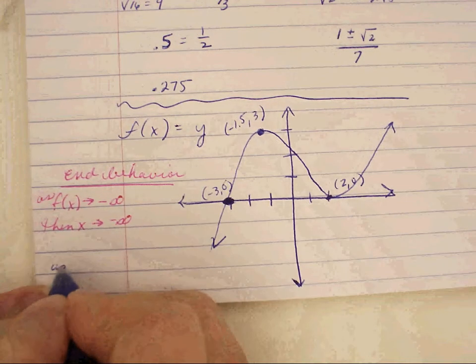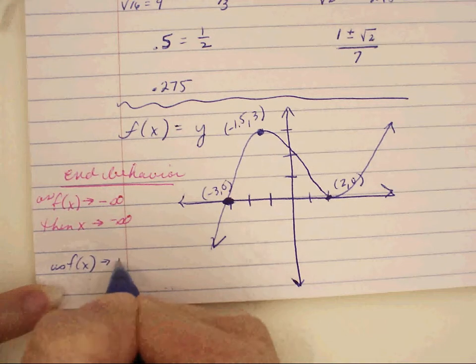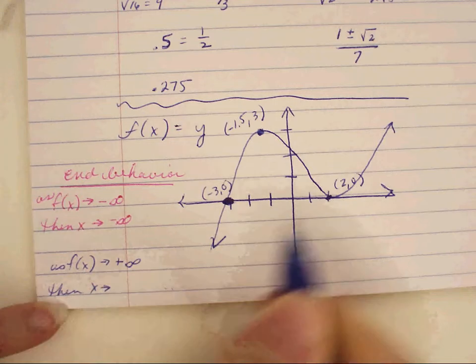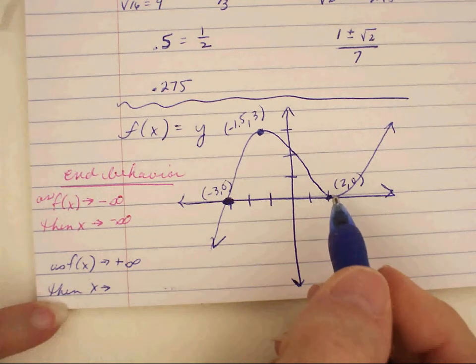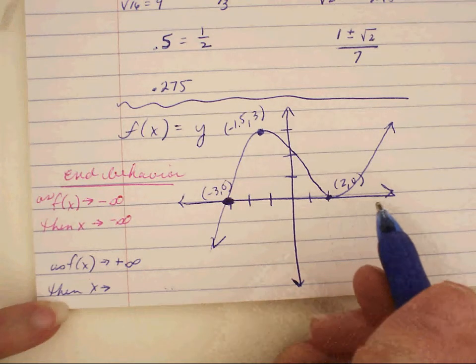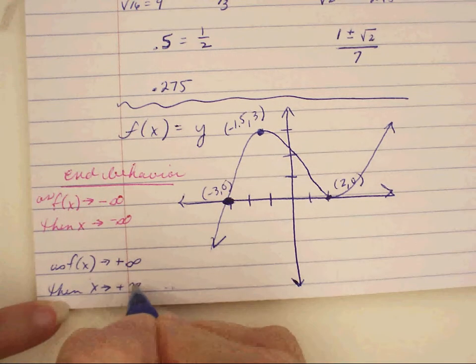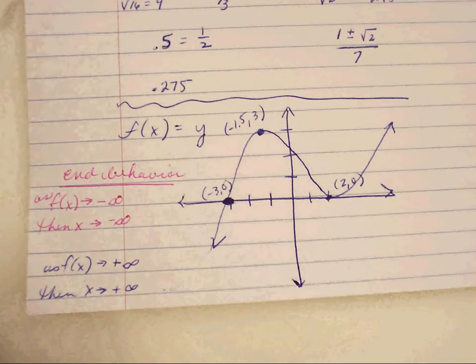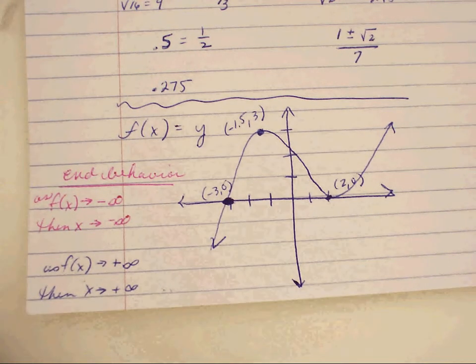Now let's talk about the other end's behavior. As y goes to positive infinity, as f of x goes into the positive y's, then what is x doing in this situation? As y goes positive, what is x doing? Positive this time.